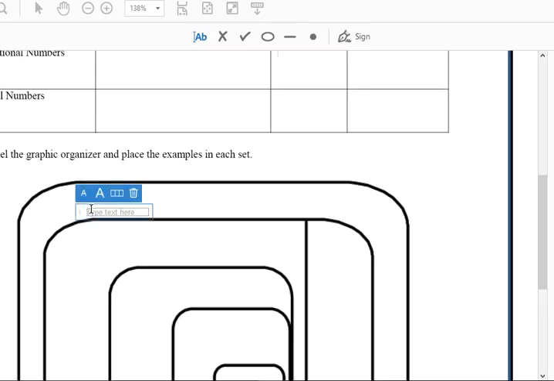Our graphic organizer is just plotting all our number systems. So this first one would be real numbers. My next area would be rational numbers. My next one would be integers.